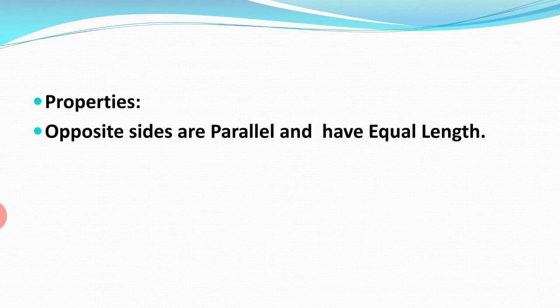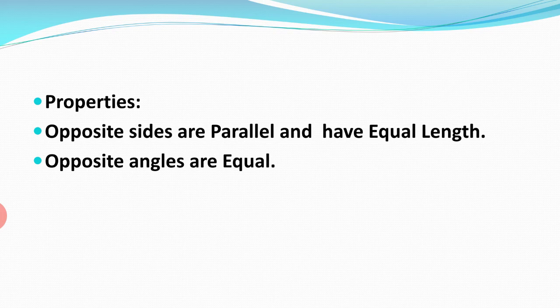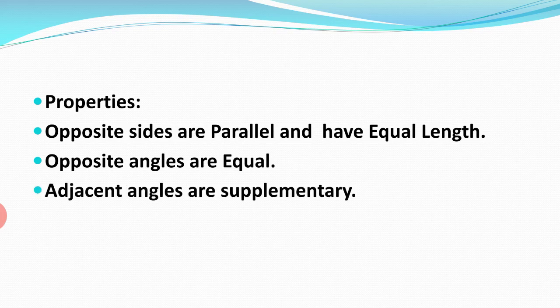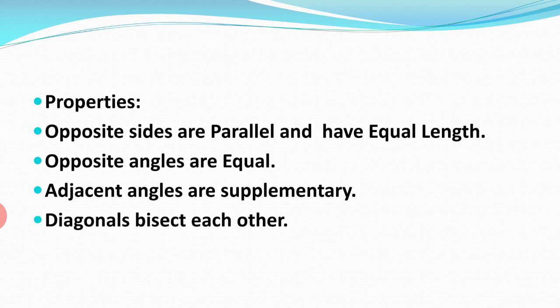Opposite sides are parallel and have equal length. Opposite angles are equal. Adjacent angles are always supplementary. Diagonals bisect each other. So these are all the properties of a parallelogram.